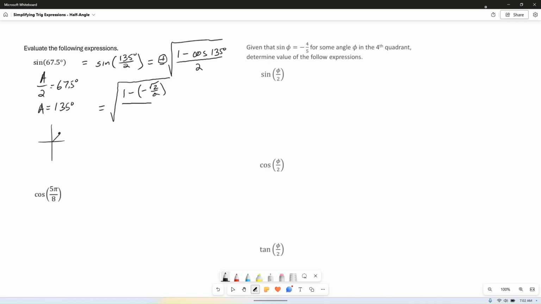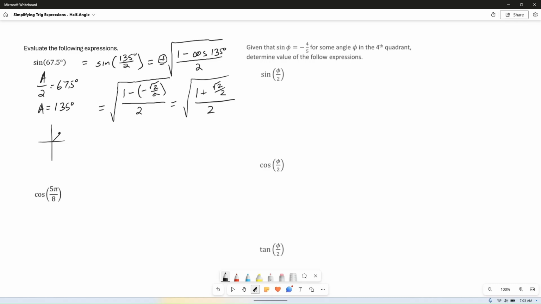So we have 1 minus a negative square root of 2 over 2, all over 2. The double negatives are going to turn that into a plus. So we have 1 plus the square root of 2 over 2, and then all of that is over 2. And that is technically the exact answer. We could simplify it a little bit more, which we'll continue to do, but that is the actual value for this sine of 67.5.